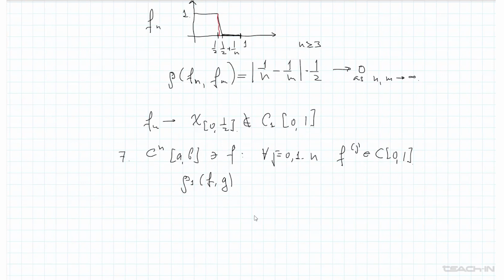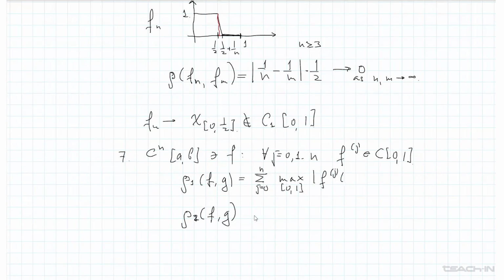There are two typical metrics, ρ1 and ρ2. The first, the idea is to obtain a formula which takes all derivatives into account. So we can take a sum of maxima over [0, 1].